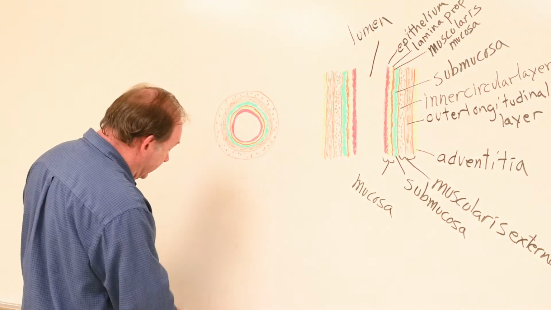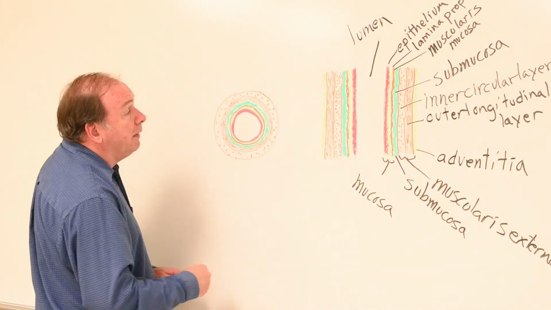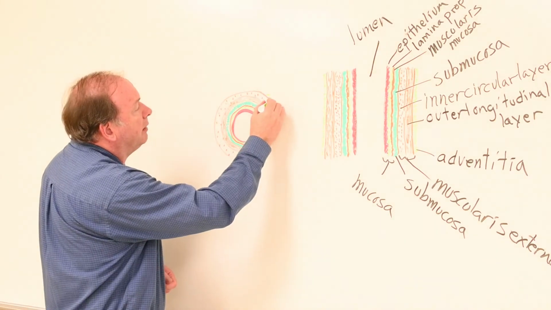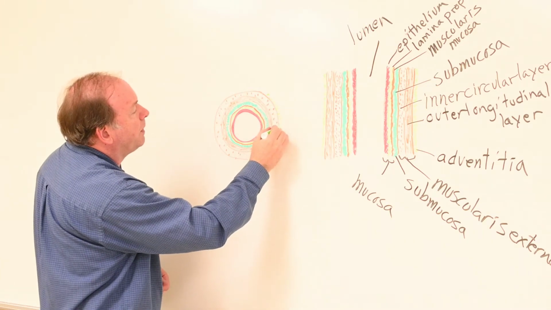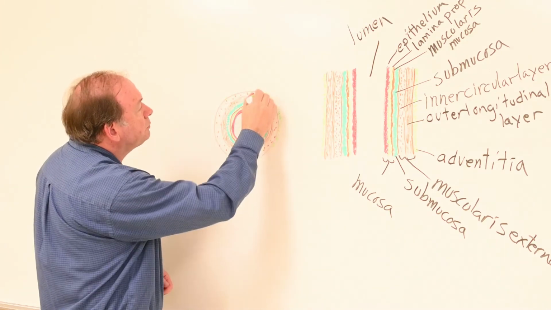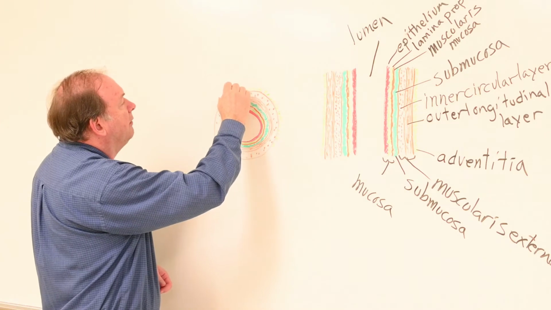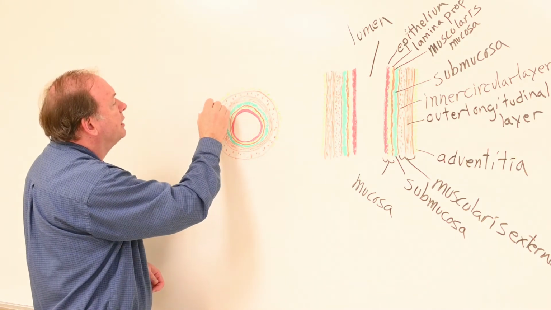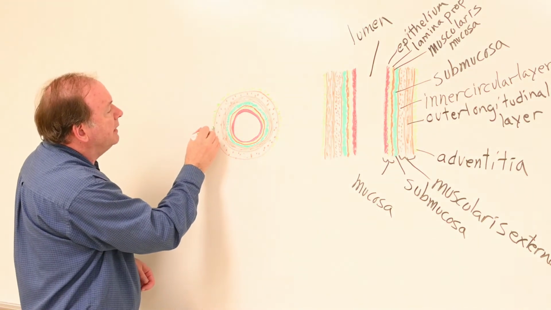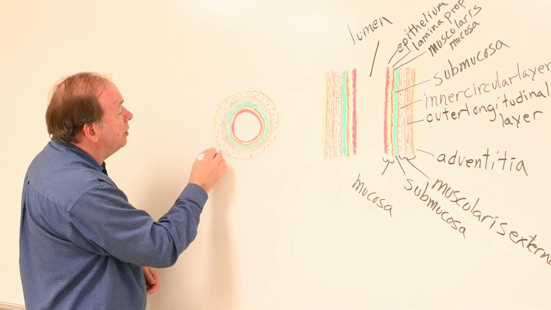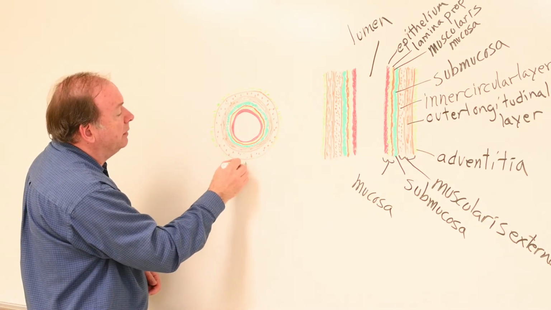And then finally, on the very outside, we have this adventitial layer of loose connective tissue, the fourth major layer of our esophageal wall. This adventitia will lie next to other tissues of the mediastinum.